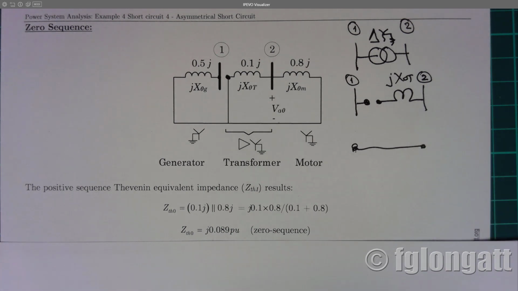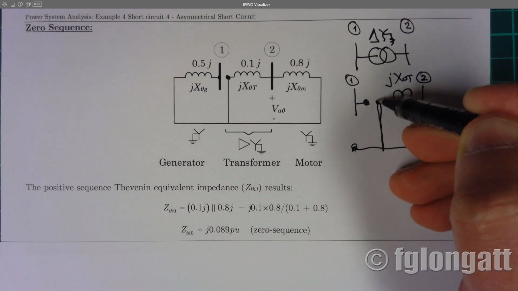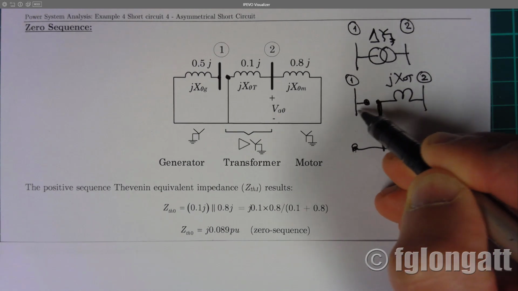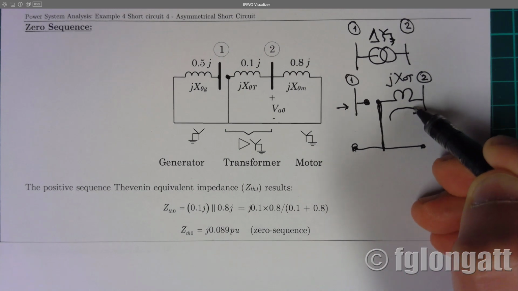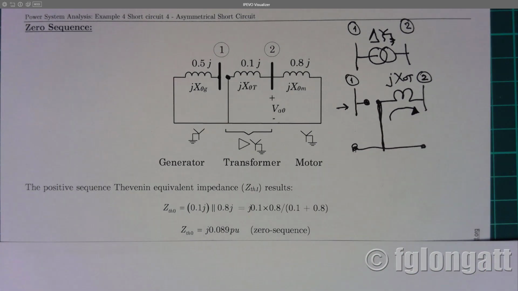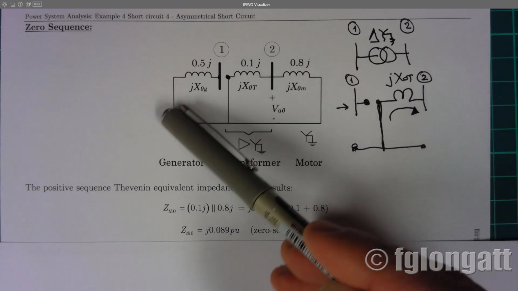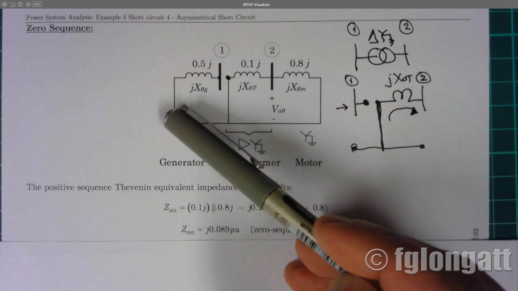Because here, as you can see, there is no possibility of zero sequence, but on this side, it is possible to circulate zero sequence currents. Well, the next step is very simple because this side of the circuit is not connected.